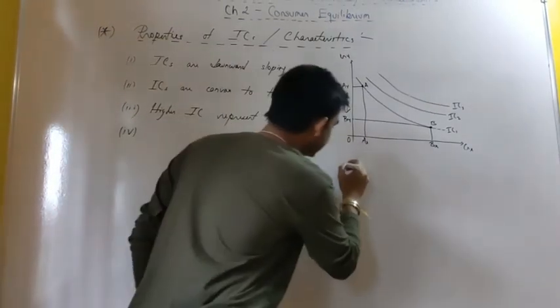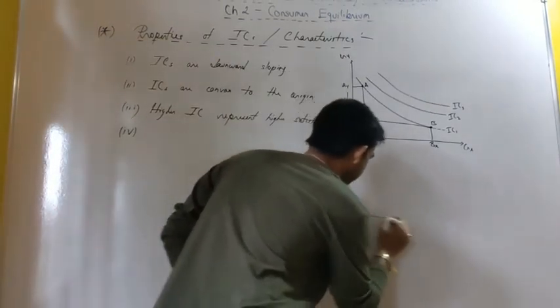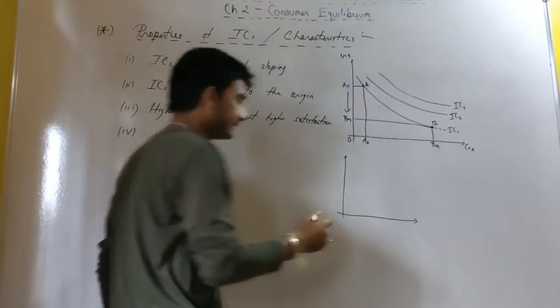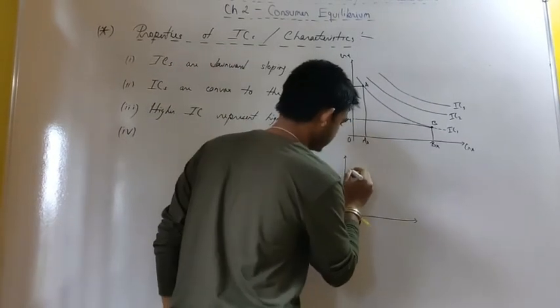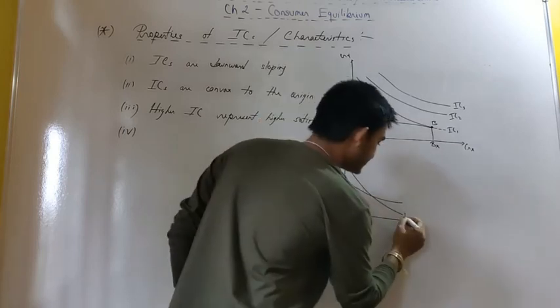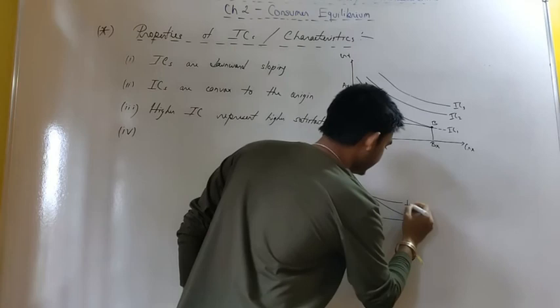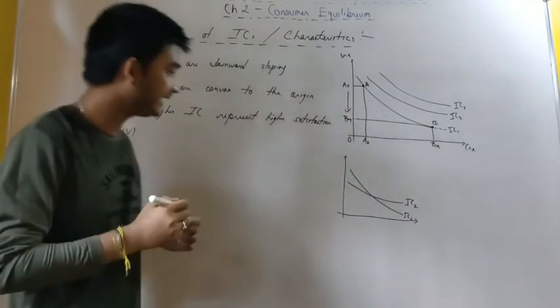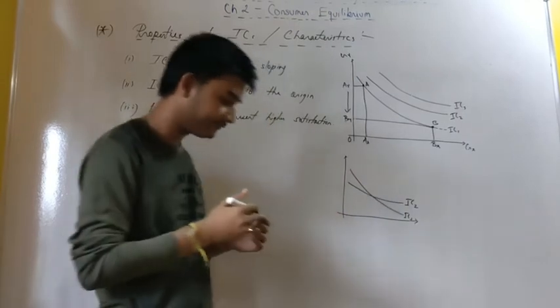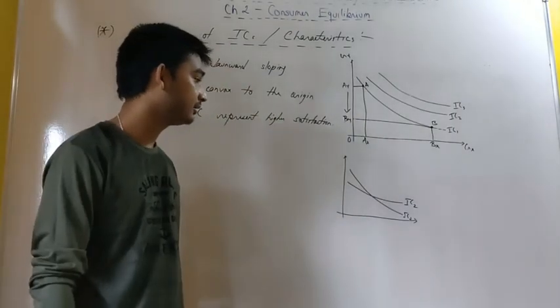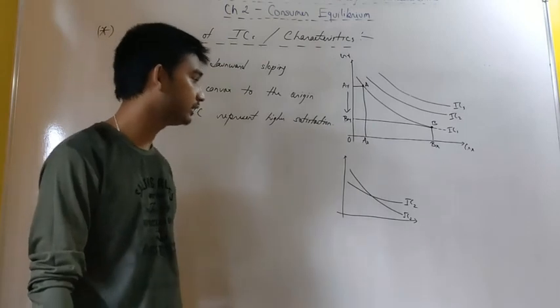Now, students, just look at this diagram. I am drawing another indifference map. This is IC1 and this is IC2. In this graph, can we say which curve is above and which curve is lower?